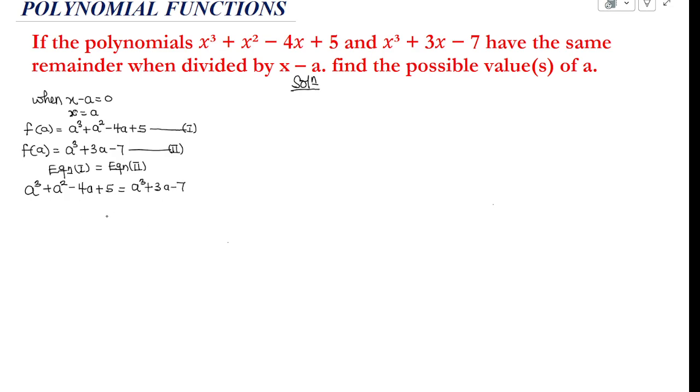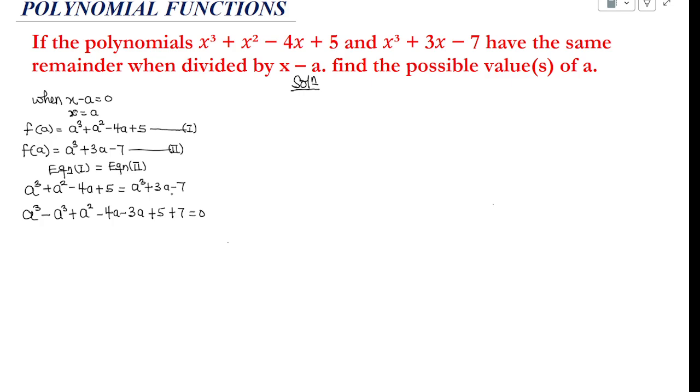Then we group them, or we equate everything to 0. So here we're going to get a cubed. When we bring the right hand side, we have a cubed again. We have positive a squared, and then we have negative 4a. When we bring the 3a, we have negative. We have positive 5, and then this gives us positive 7, and this is equal to 0.